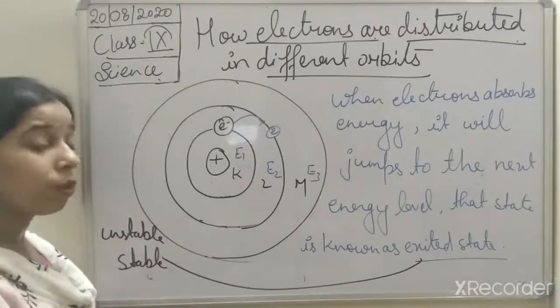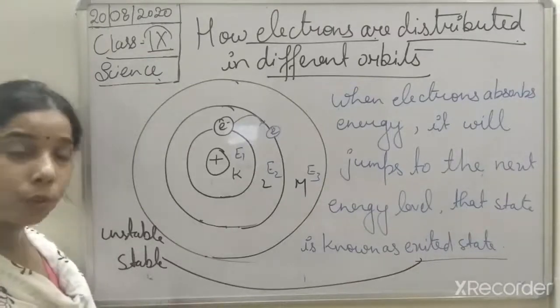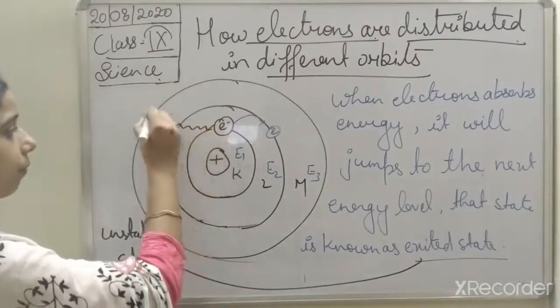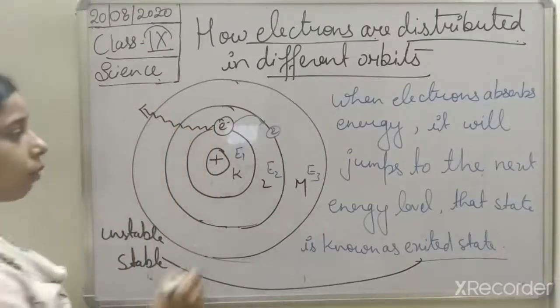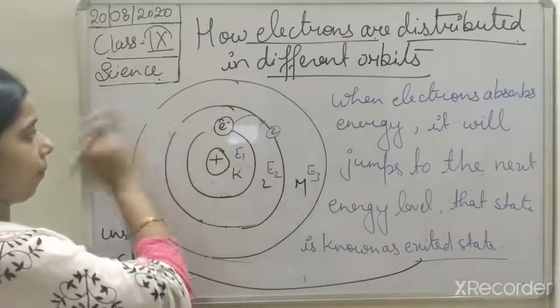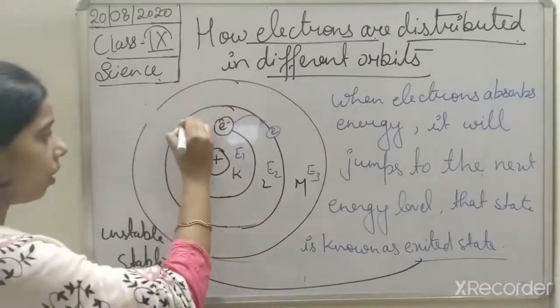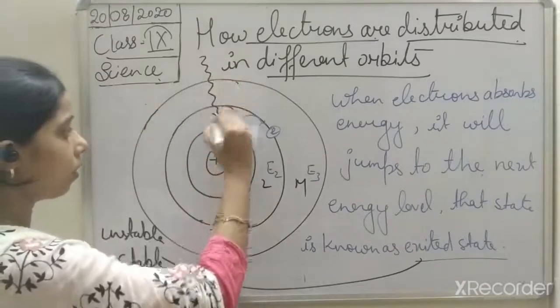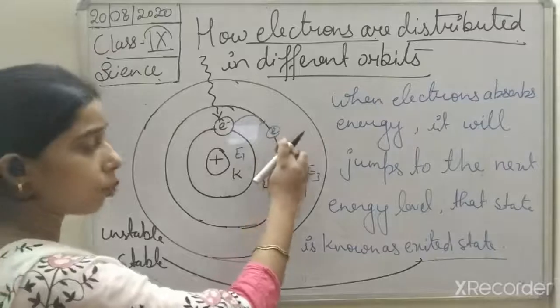To gain stability, what will it do? Again it will lose the energy. Before that, it gains energy, and that is why it jumps to the higher shell.